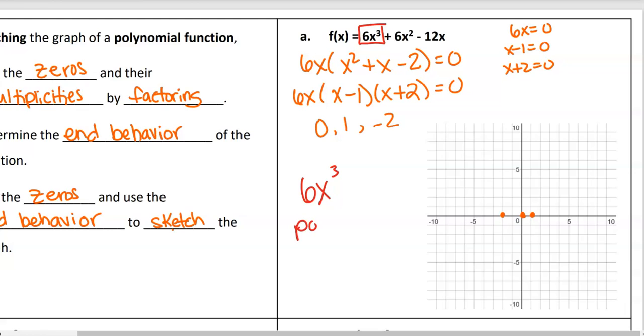It's positive, and is it odd or even? It's positive and odd, so opposite directions, ending in the positive direction, so it has to start down and then go up. So we're starting from the bottom, right? We have to start down, work our way through, and end up.